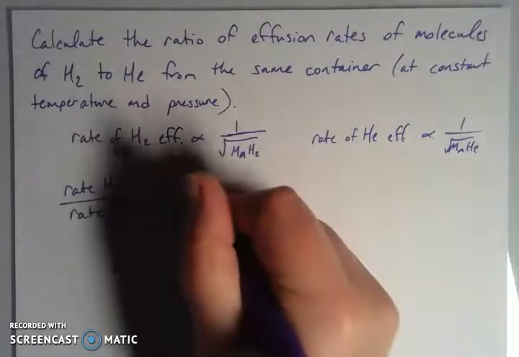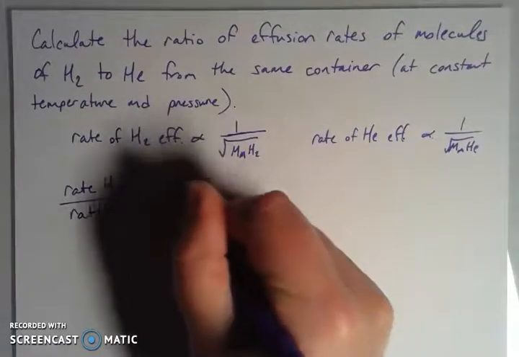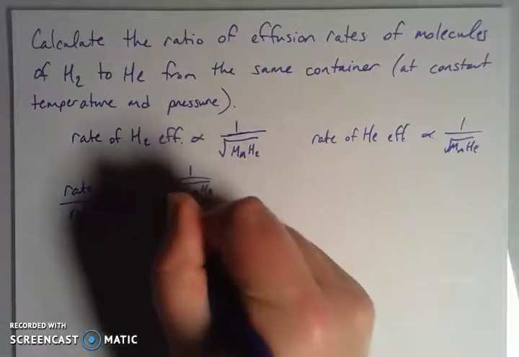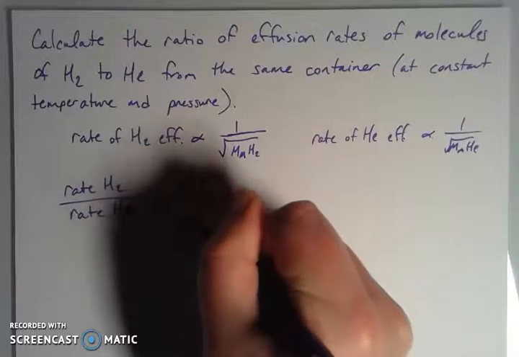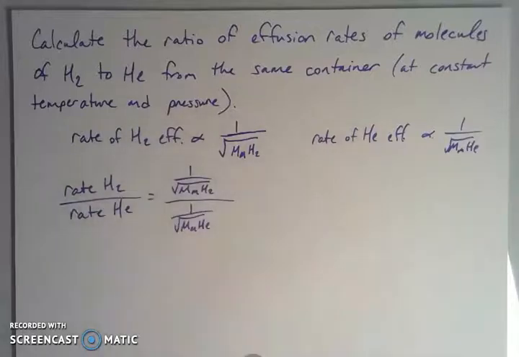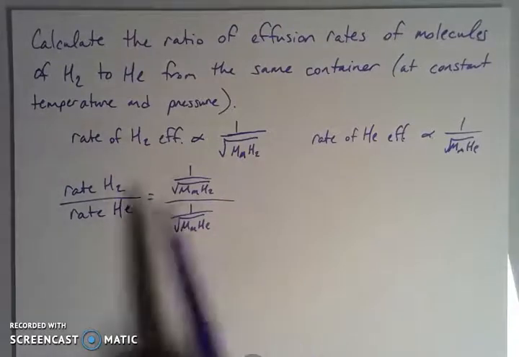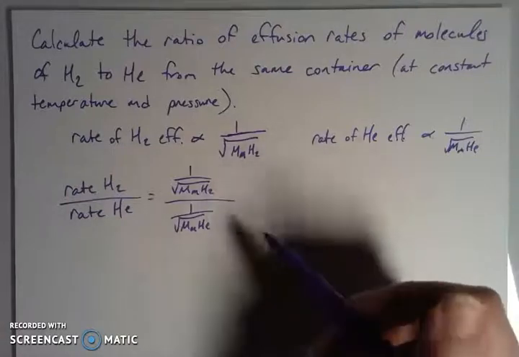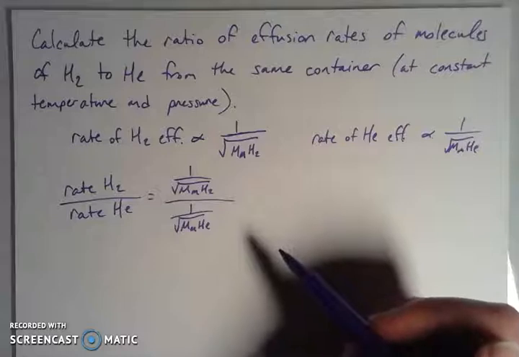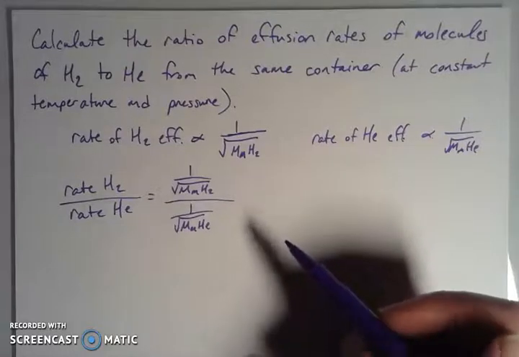So I can say 1 over the square root of the molar mass of hydrogen divided by 1 over the square root of the molar mass of helium will give me this ratio, right? So that'll give me by how much more hydrogen is going to effuse through that surface than helium, because we're in the same container. How much more hydrogen am I going to lose? By how much, what speed, by what rate?